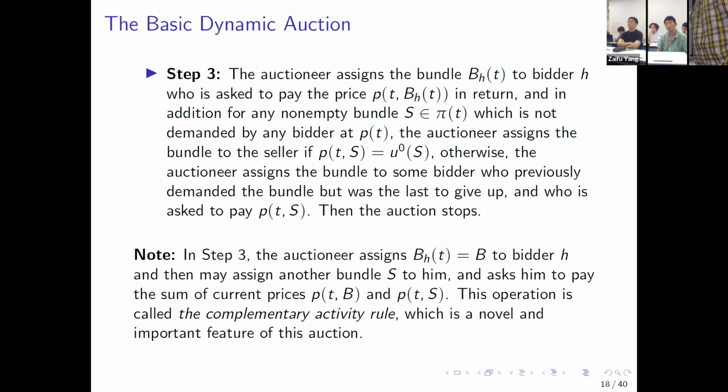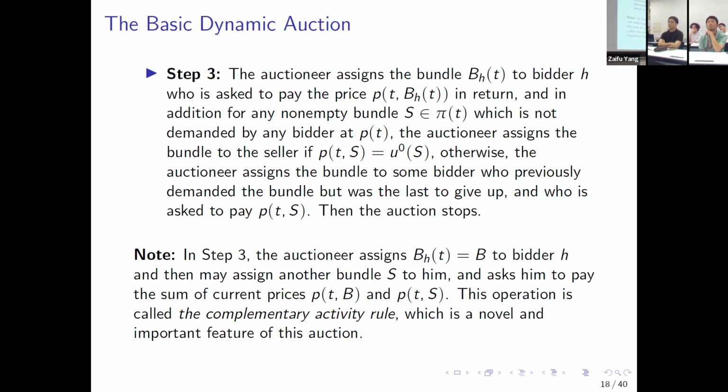Otherwise, and this one is very important, the auctioneer can assign this bundle to some bidder who previously demanded this bundle, but was the last one to give up this bundle because the price increased.